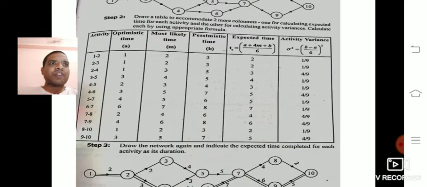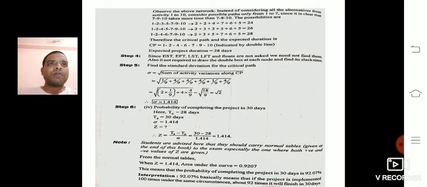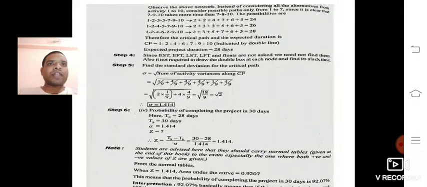Now in the last column, activity variance, we can calculate by using the formula (B minus A divided by 6) whole square, for every activity. Now there is no need to calculate the EST, EFT, LST, LFT and float values, because it has not been asked in the problem.